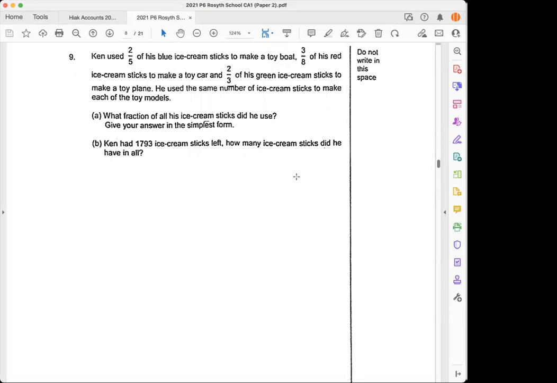He used the same number of ice cream sticks to make each of the toy models. The question is, what fraction of all his ice cream sticks did he use? The keyword is "the same". This is the concept of equivalent proportion, where a fraction is equal to another fraction.